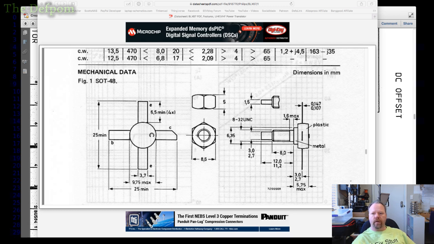But yeah, I don't know if I can even get those parts. If it is those, let's have a little look, see if I can buy those things. Some on eBay.